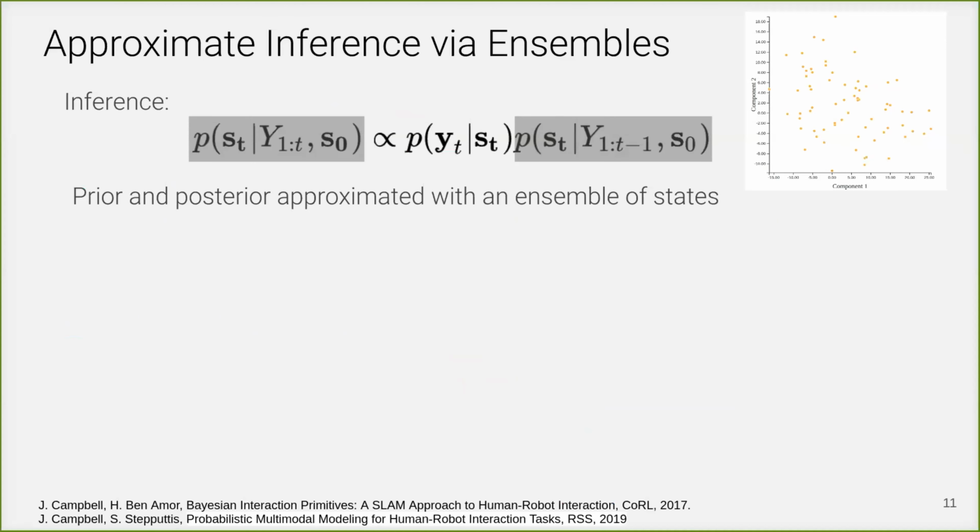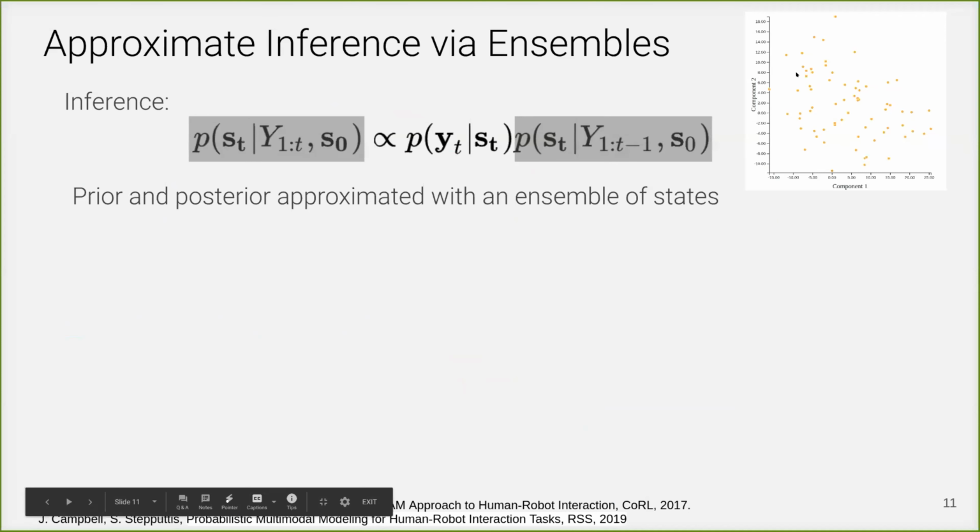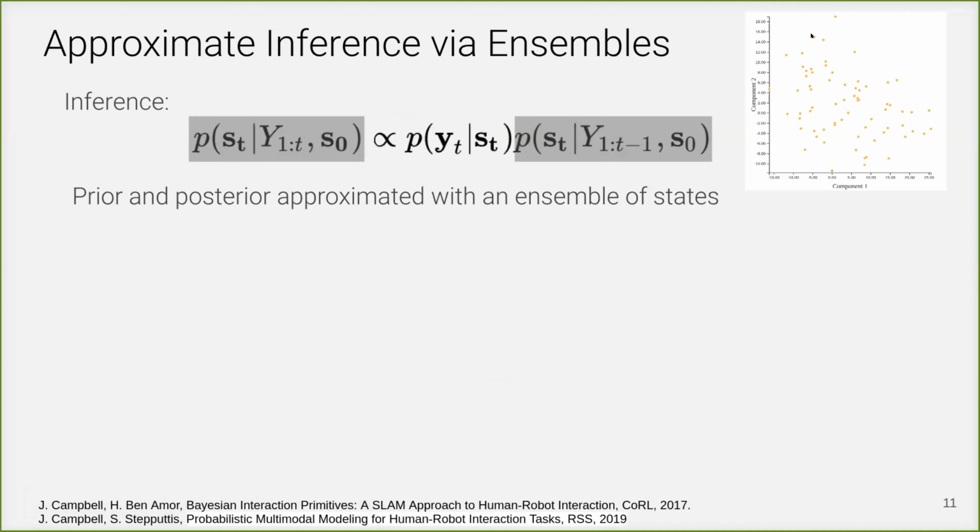The how is done using approximate inference over our ensembles. So in our case, we represent our probability distribution, the giant probability distribution, as an ensemble where each one of our ensemble members is one of the demonstrations that we recorded. One thing that's nice about this is that we don't have to have a parametric version of this.